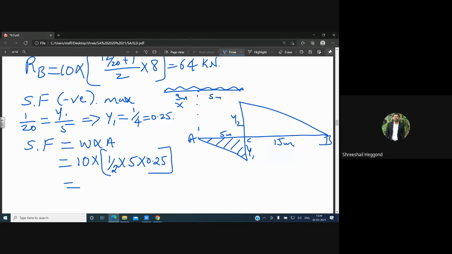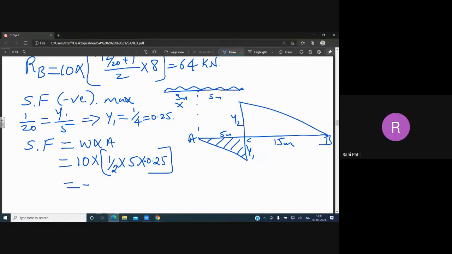Therefore, what is the total value? The value will be in terms of negative because the y1 is down. Therefore, the value has to be a negative value. The maximum shear force for the left side, that is the negative side. How much is the value?